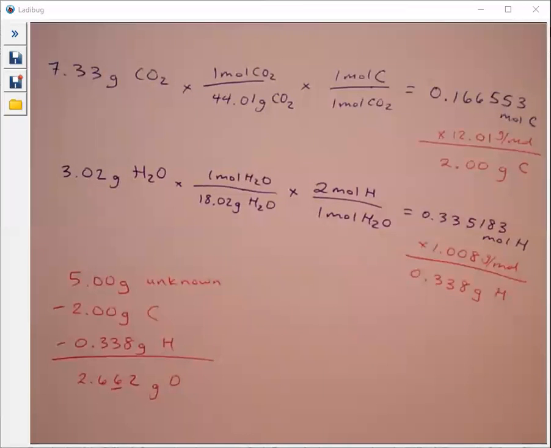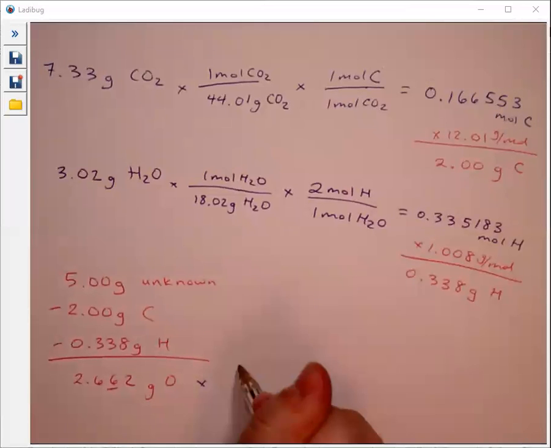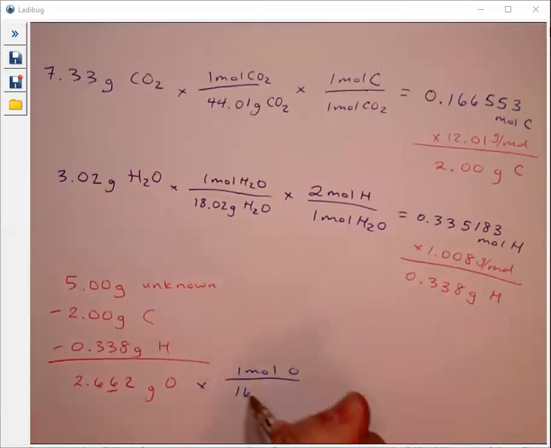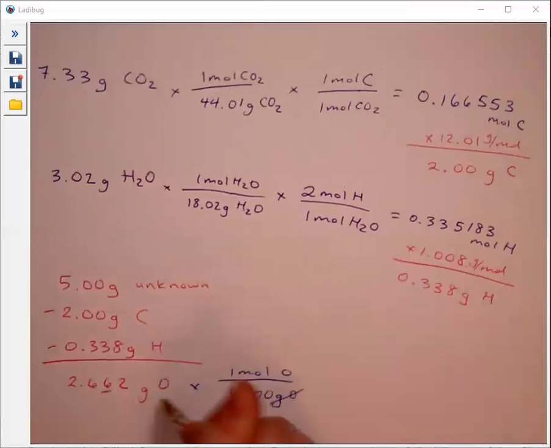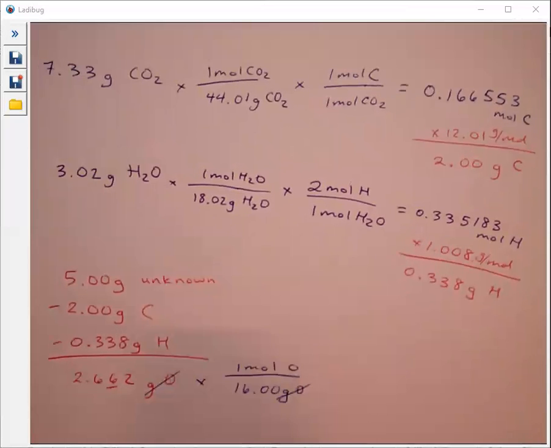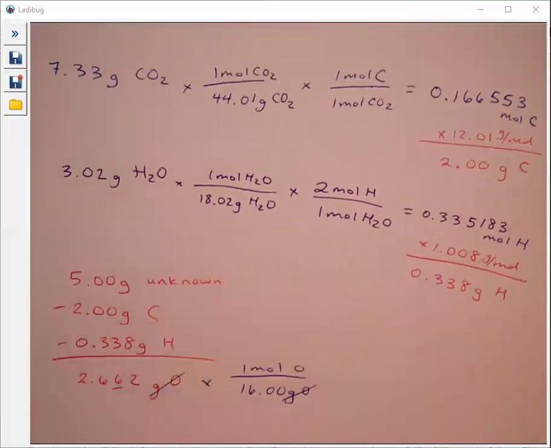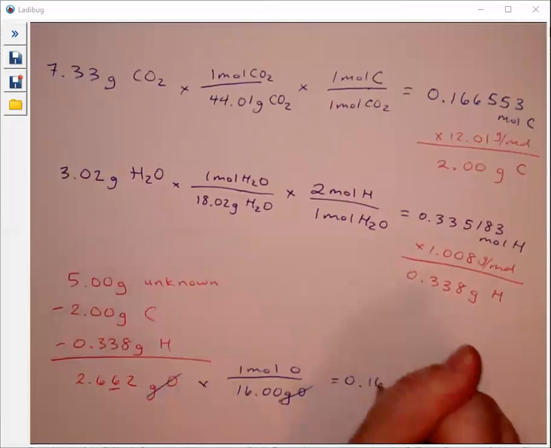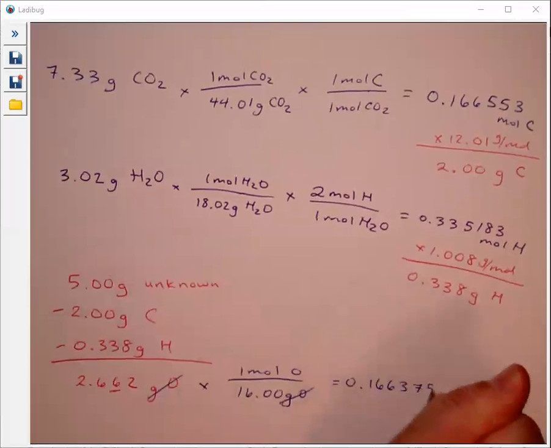So for oxygen, we're going to have to divide by oxygen's molar mass. I get 0.166375 moles of oxygen.